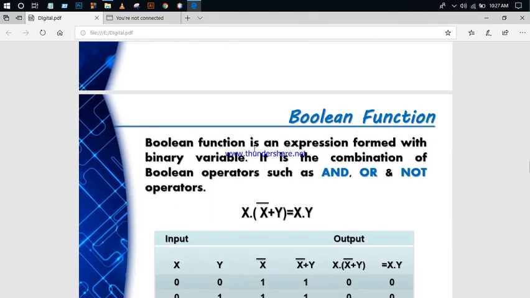Boolean function. A Boolean function is an expression formed with binary variables. It is a combination of Boolean operators such as AND, OR, and NOT operators.